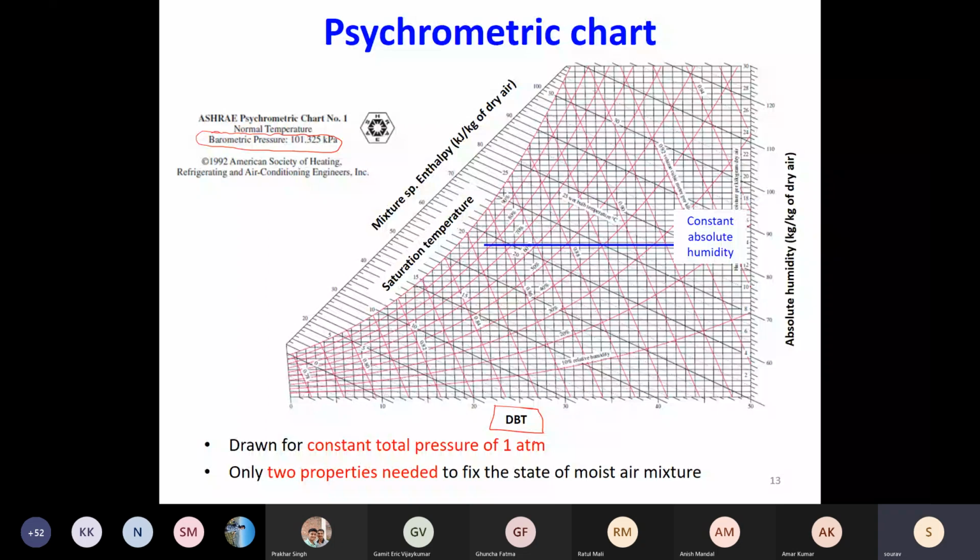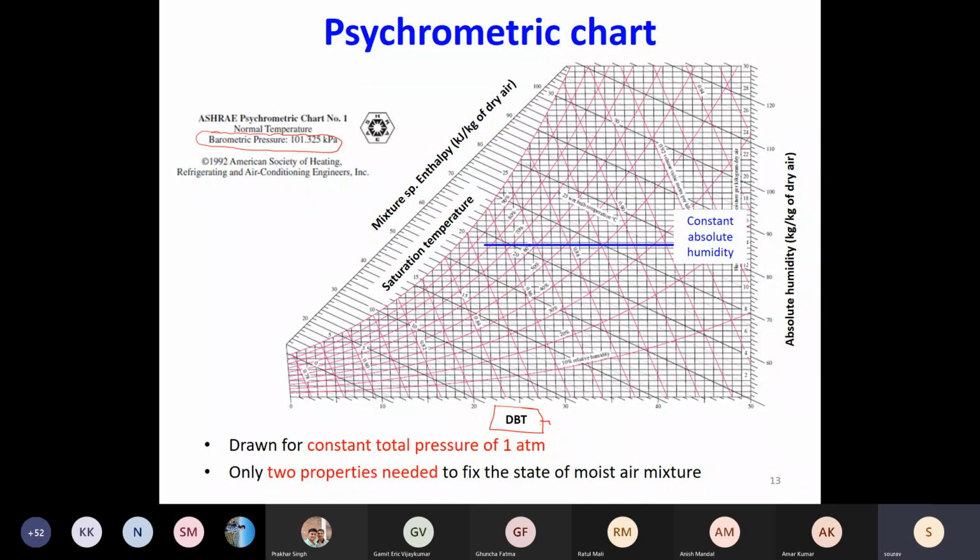Now, again, there is a simplification that we will assume that the dry air temperature, the moist air temperature, and the water vapor temperature in the air, everything is equal to dry bulb temperature. So you have a thermal equilibrium between the components of the gases.